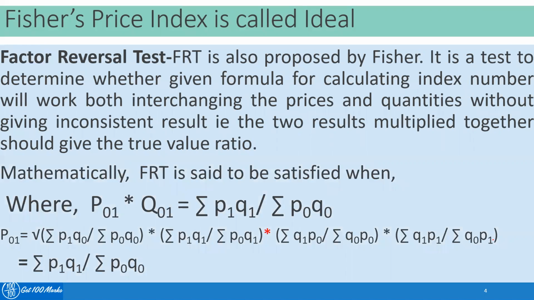In a similar way, we can check another proposal given by Fisher, that is the factor reversal test. He is telling us that just as each formula should permit the interchange of the two times without giving an inconsistent result, it should also permit interchanging the price and quantity without giving an inconsistent result.